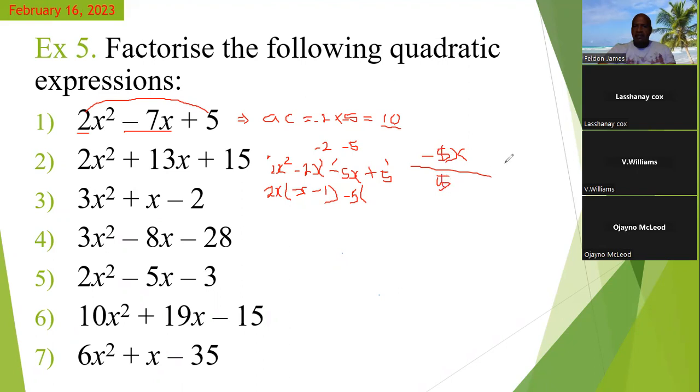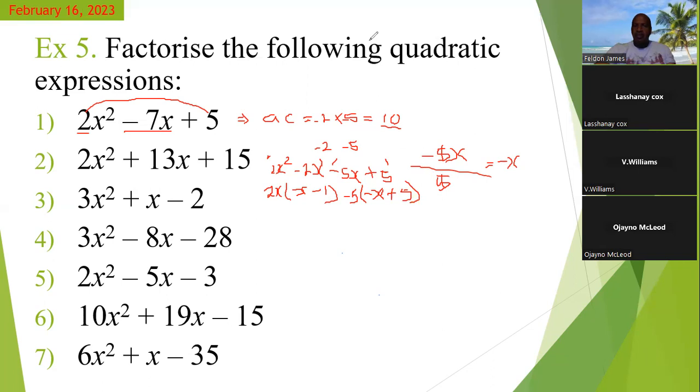The 5 cancels, the negative is going to remain. Negative x. Right. So by dividing by positive 5, this x would be negative, and then this is positive. And what you'd notice with the expression, would they be the same?